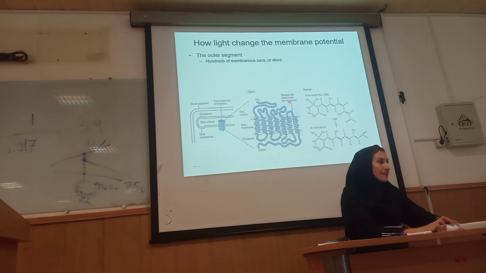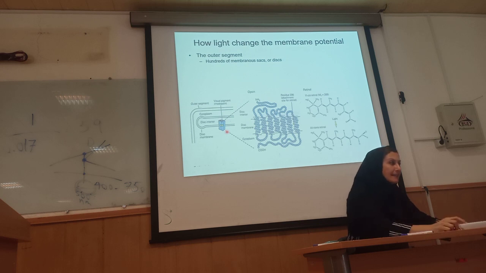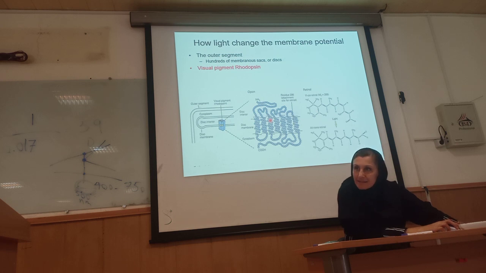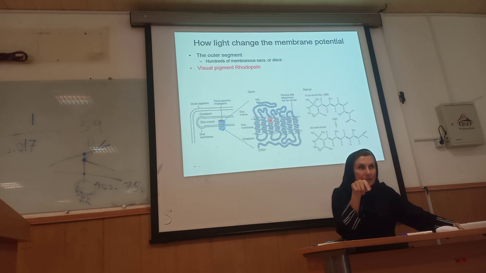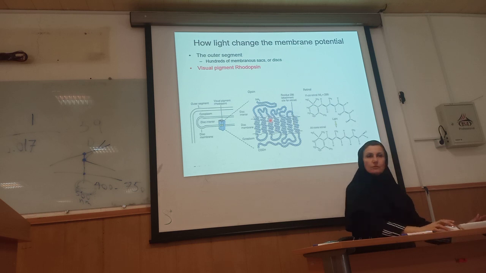It is the visual pigment, or rhodopsin, placed on the cell membrane in the outer segment. You know that outer segments have hundreds of membrane sacs or discs. Why? They are cell membrane.